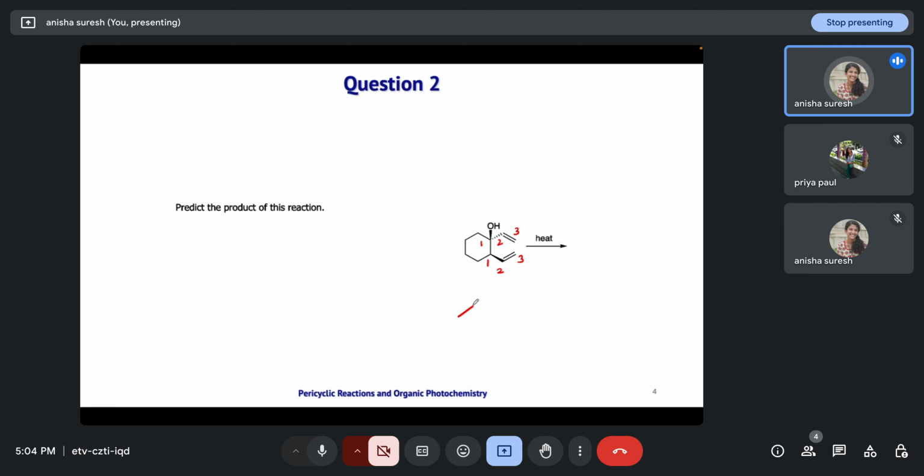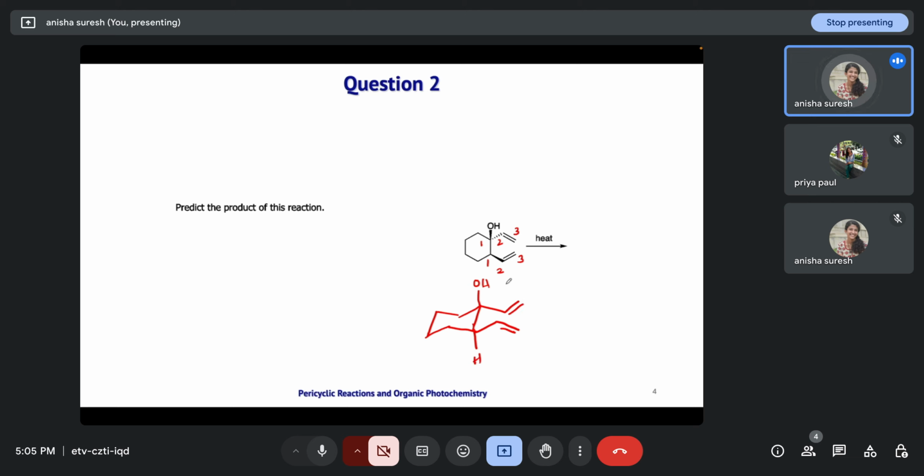For our convenience, we can draw it like a chair conformation. Here the OH is above the plane, hydrogen will be below the plane, and of the two vinyl groups, this one will be above the plane and this one below the plane.